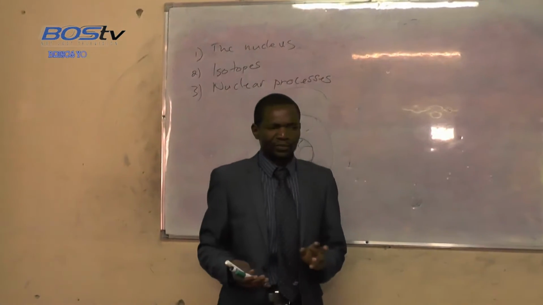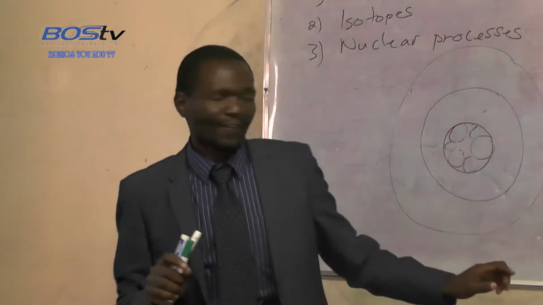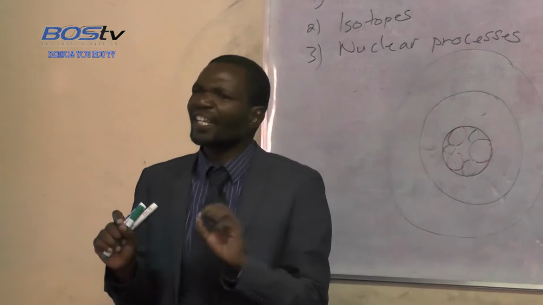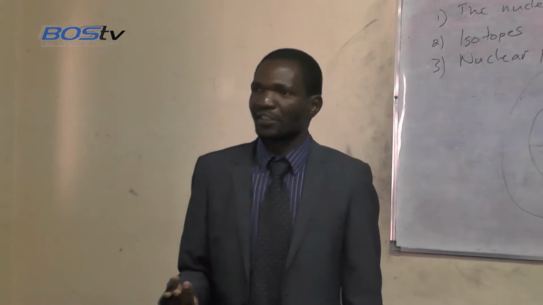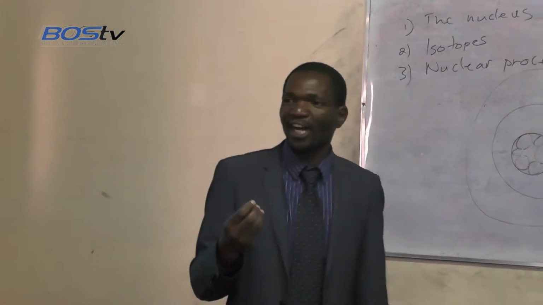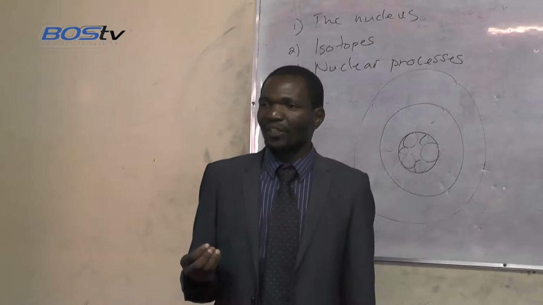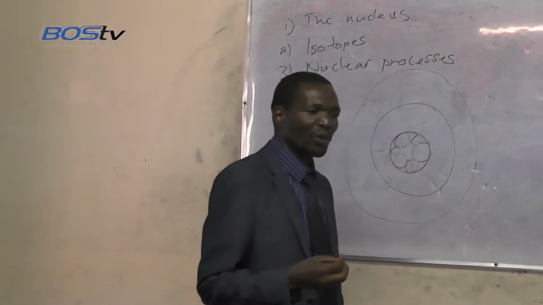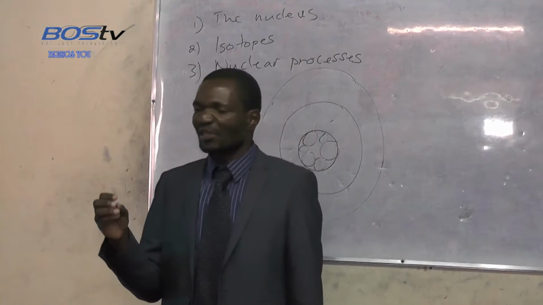But in the first place we want to acknowledge the fact that the masses we are looking at under the nuclear process are very small masses, because protons are very small, tiny particles. The same with neutrons. So the masses are really small, and they are difficult to deal with at that small level.